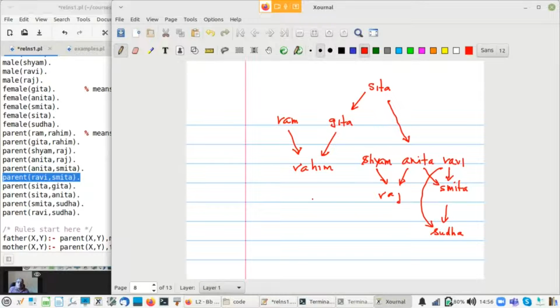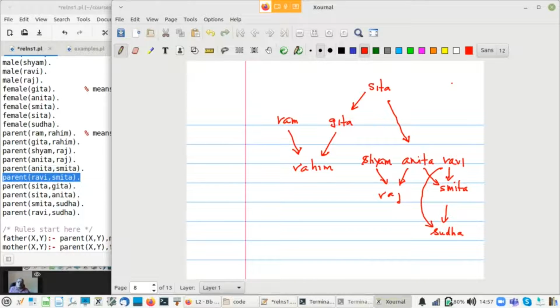So you could, in principle, convert them into facts and rules like this, and ask, okay, is there a single ancestor? In this case, for example, we can't say because there are multiple people who don't have any ancestors. Only if there's a single root from which everything descends, you will have a single ancestor. But here Ram is there, Sita is there, similarly Ravi and Shyam are there, and we don't know where they go. So in this case, it's a graph really. It's not a simple tree.